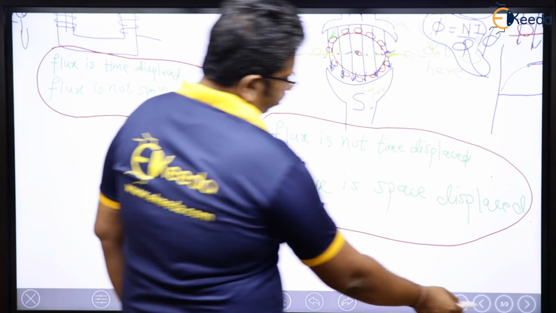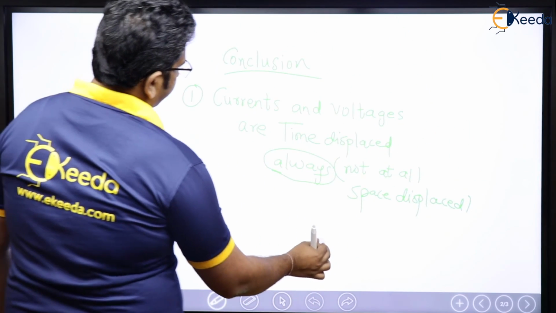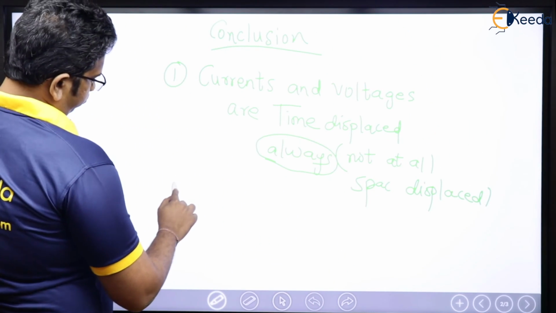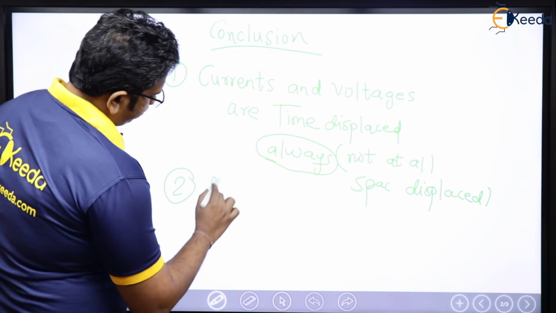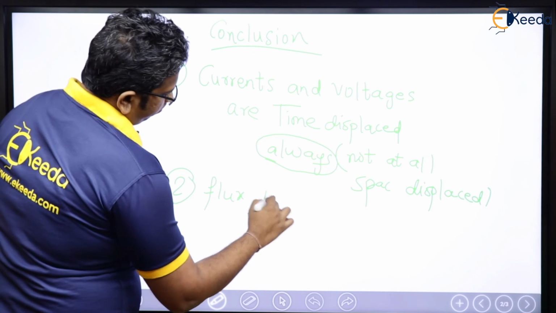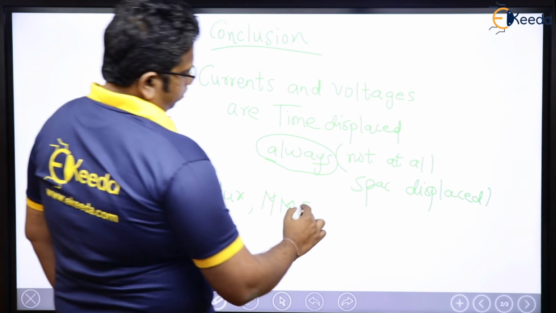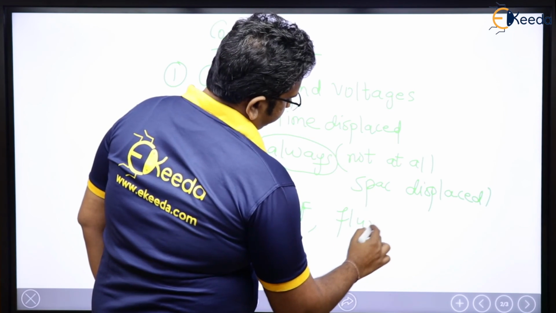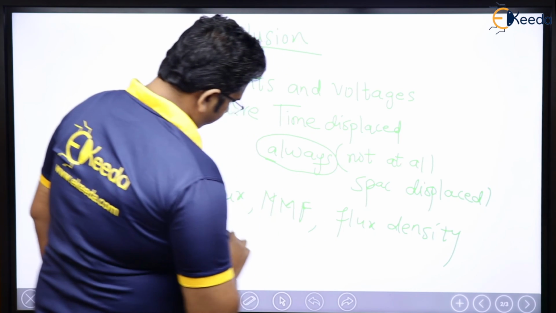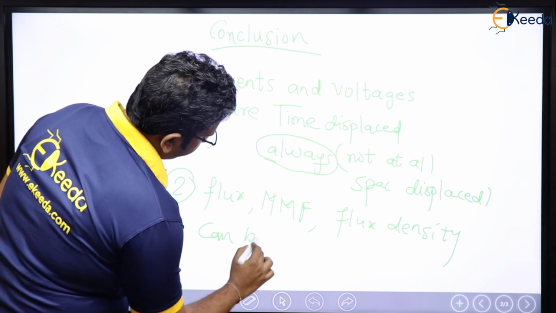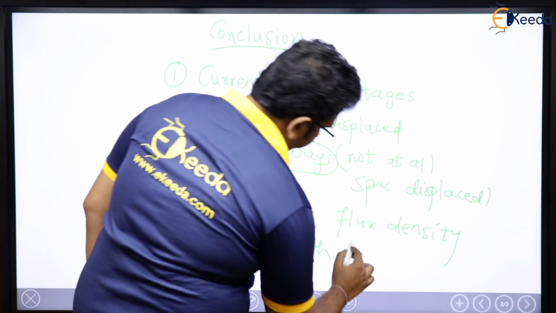So, conclusion number 2. Flux, or MMF, or flux density can be both time and space displaced.